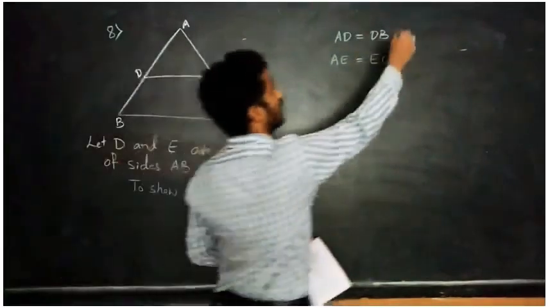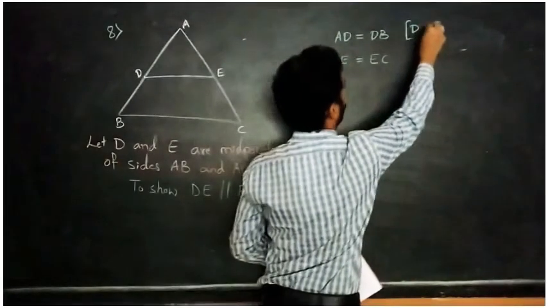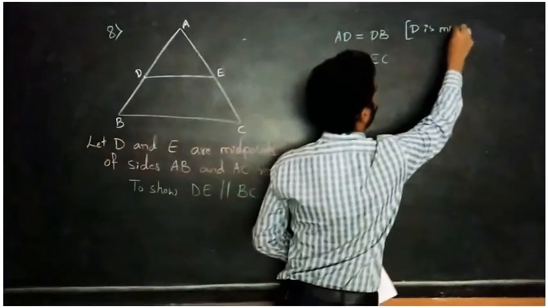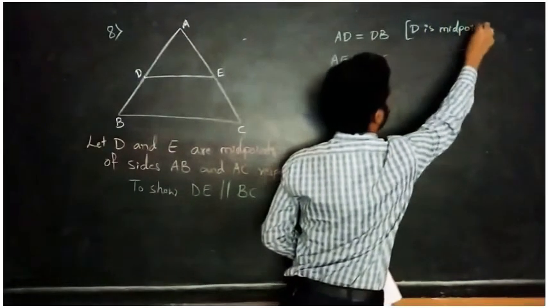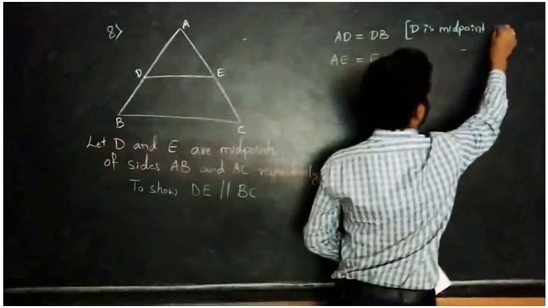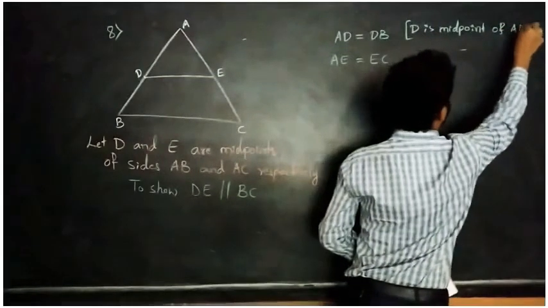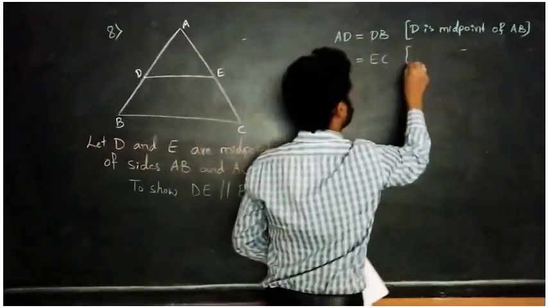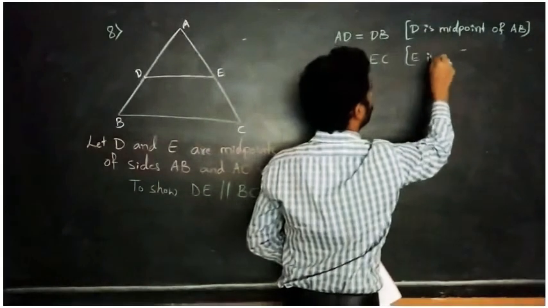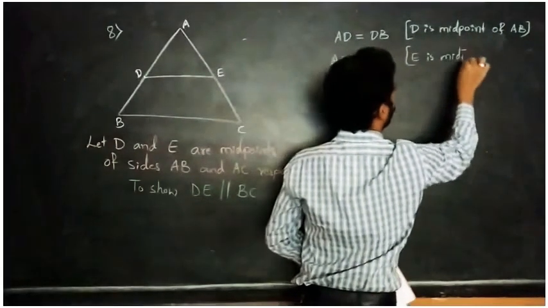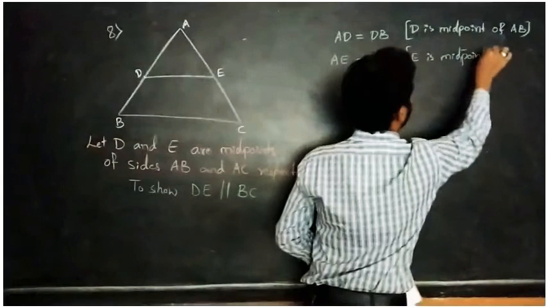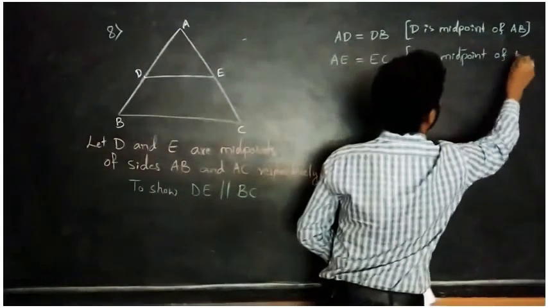You can write here, D is the midpoint of AB and E is the midpoint of AC.